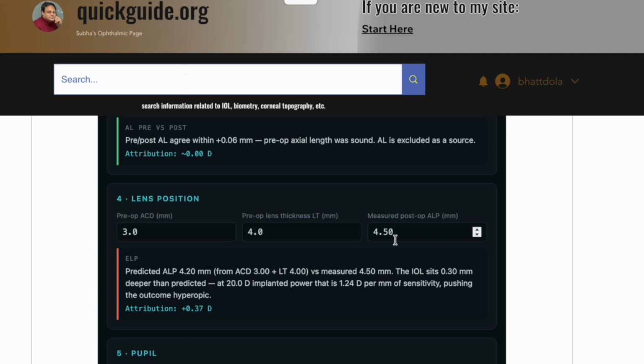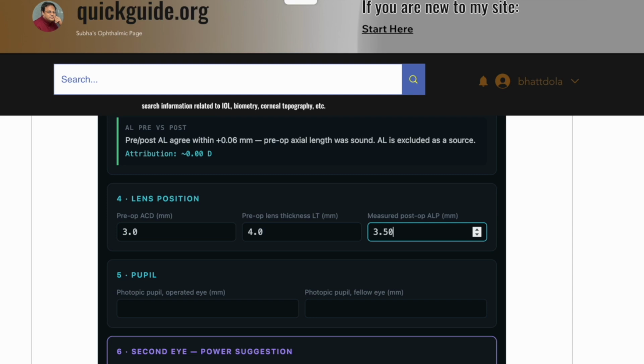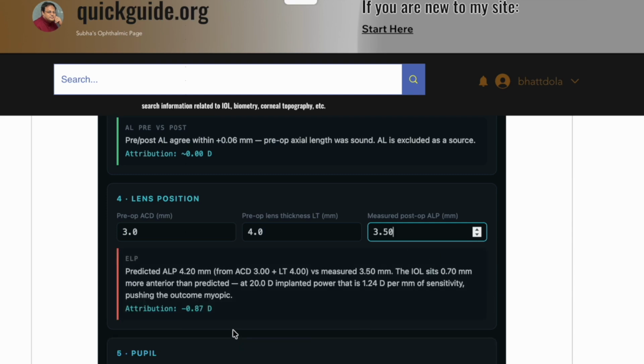Say, for example, if this was actually 3.50, then it is showing you that this could have attributed to the error, which is minus 0.87. And how do I find it out? That is because the pre-op ACD and pre-op lens thickness should have a predicted ALP of 4.20, sorry for that.